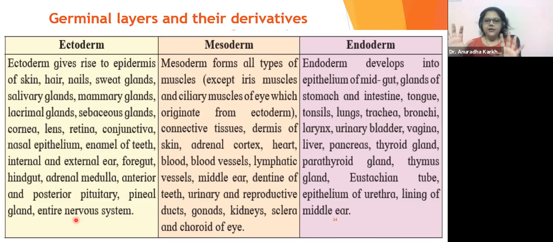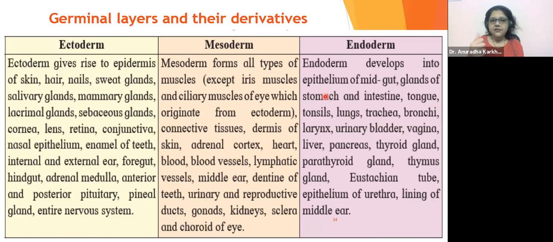Majority, wherever there is a cavity, it is made from endoderm. Look at it, we will see. Wherever there is a cavity, yes look, midgut has a cavity, midgut is hollow, a hollow passage, endoderm. Another, look, intestine, cavity, hollow, endoderm.